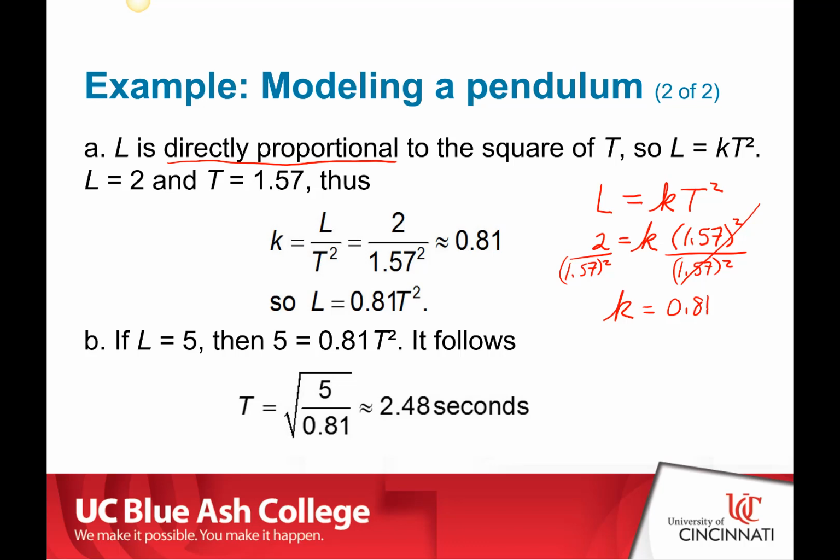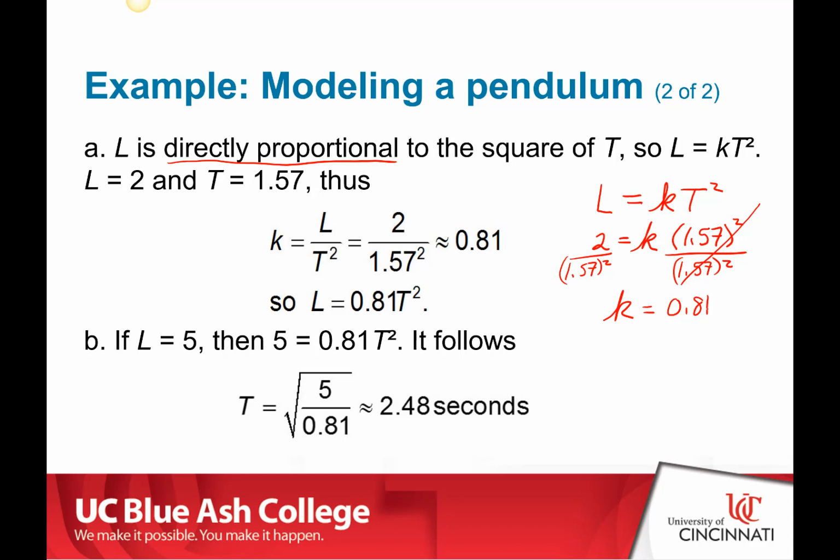Now that's just a number that's in there. It's a coefficient. It's not how long it takes it to swing. It's not how long the pendulum is. It's just an adjustment that's in there to get the equation working correctly for that particular pendulum.